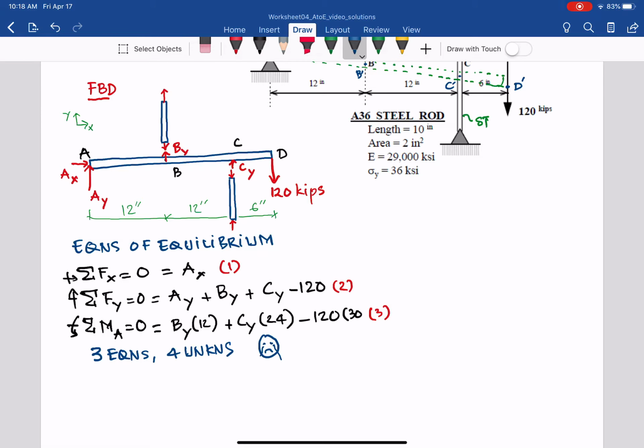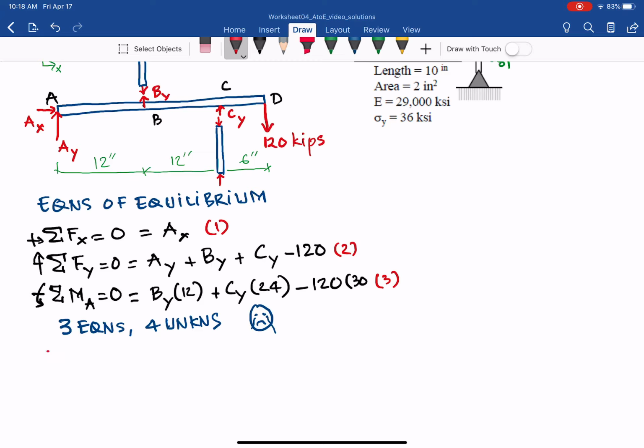So engineering mechanics statics alone cannot solve that problem. Don't just use statics; you have to use the information in this class to solve this. So here we can say it is statically indeterminate.